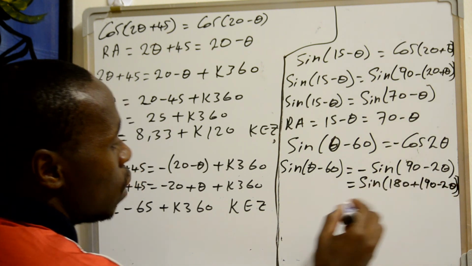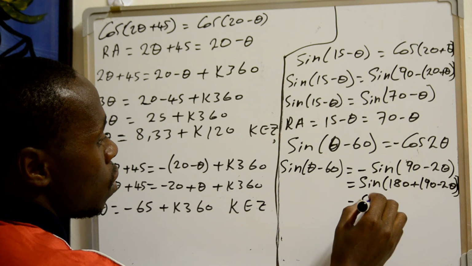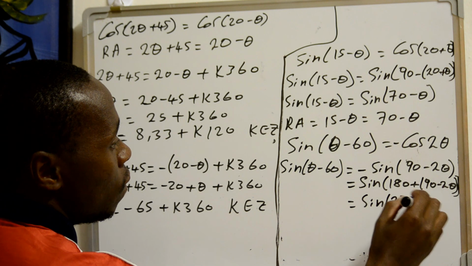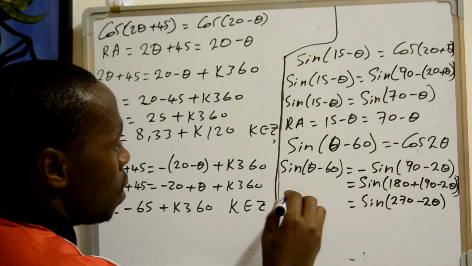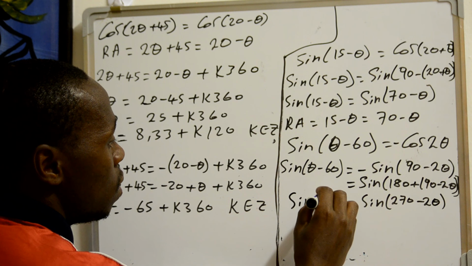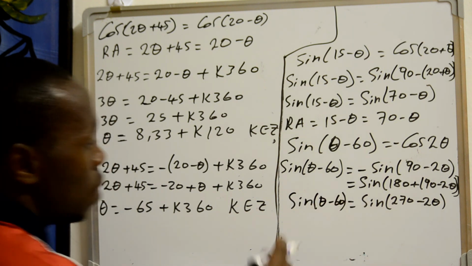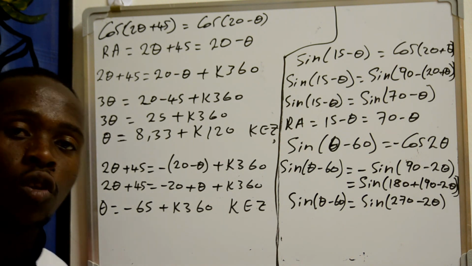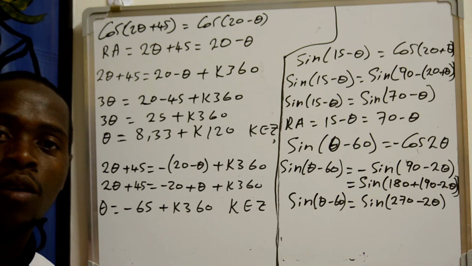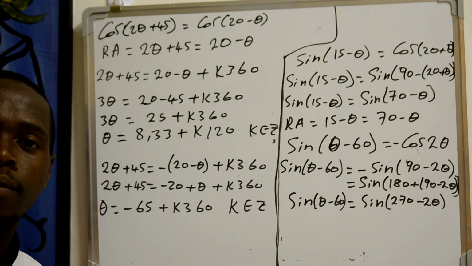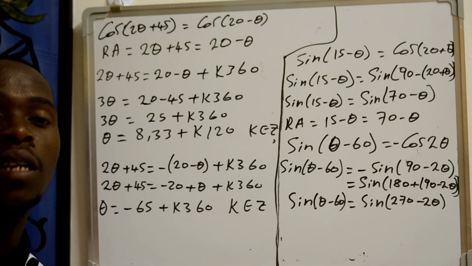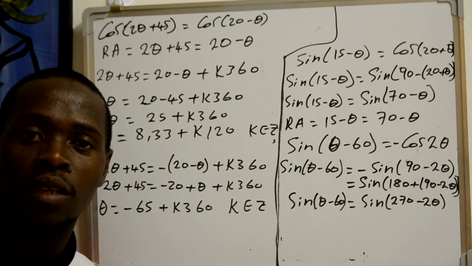For the fourth, 270 minus 2 theta. Then you take your marks. So make sure, if you can do these problems well, you can change from one ratio to the next and apply the principle of the general solution and follow the technique.